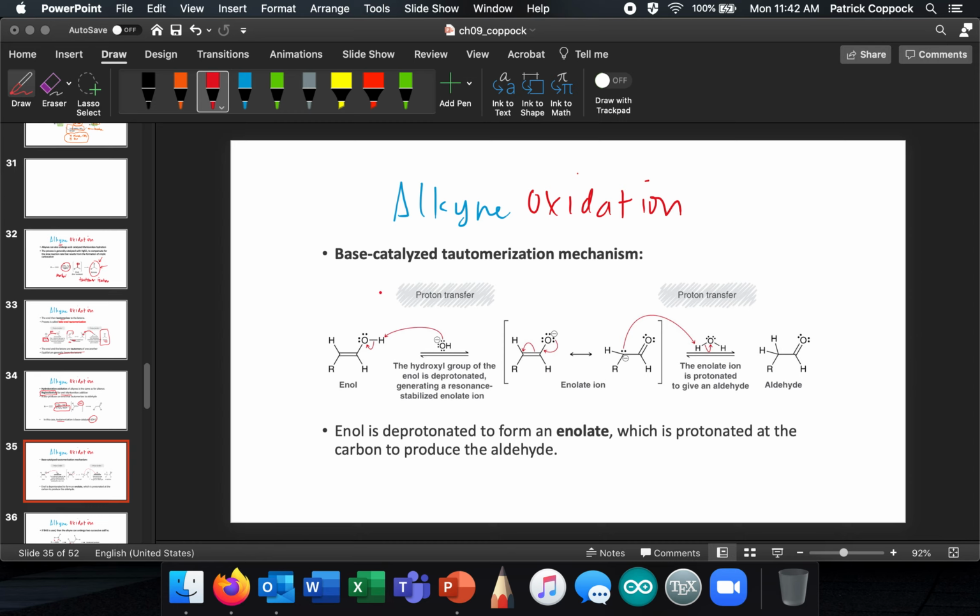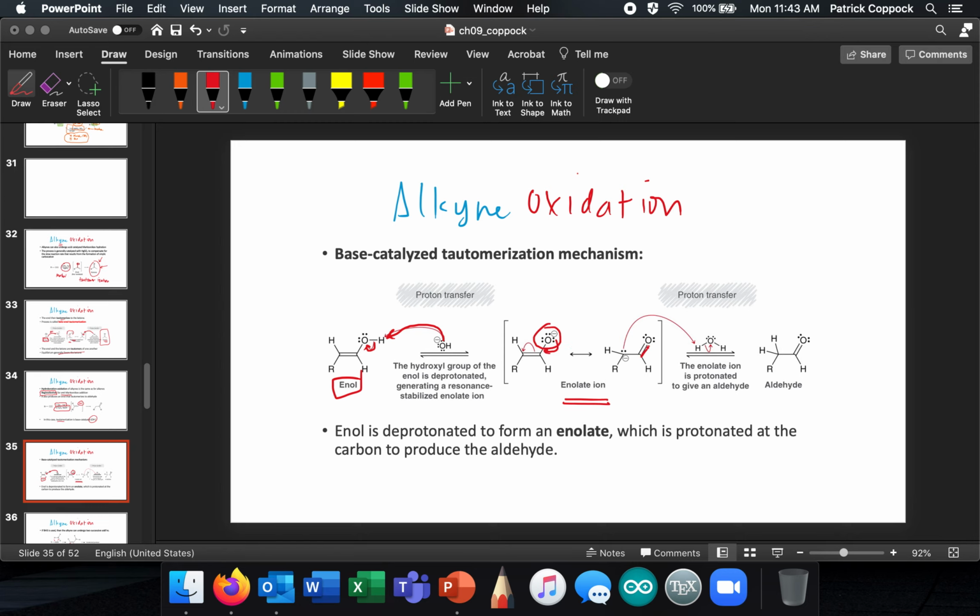So this is going to be base catalyzed. Here's your enol, a similar structure to what we had before. You can see that this is going to be the most acidic proton. So your base comes over here, bam, and then you have 3 lone pairs of electrons on there. This is called an enolate anion. These electrons come down here and make a double bond.